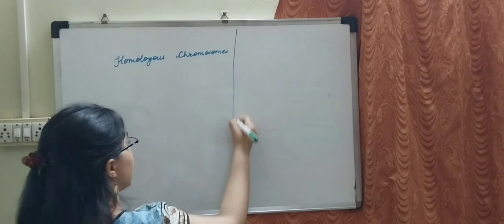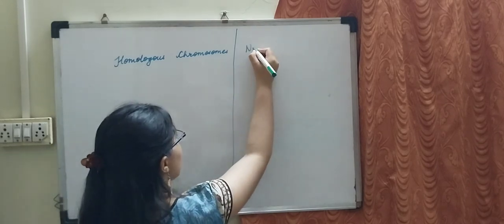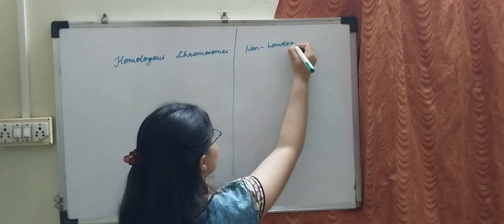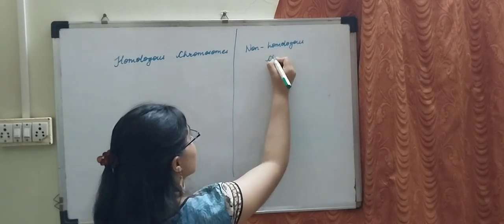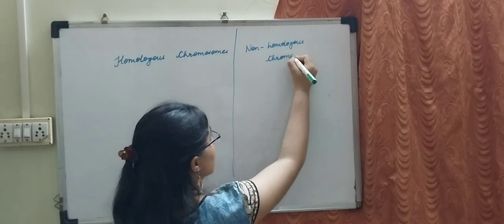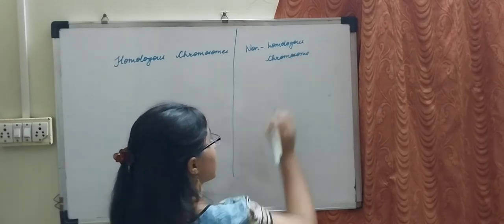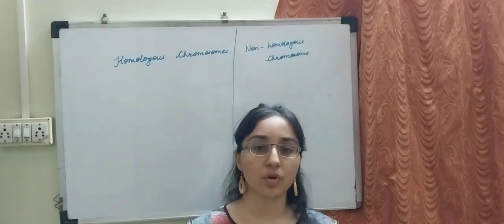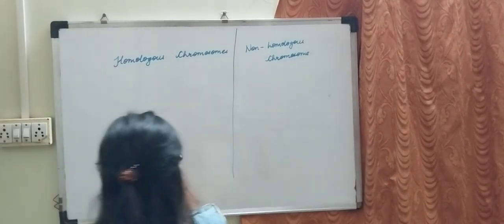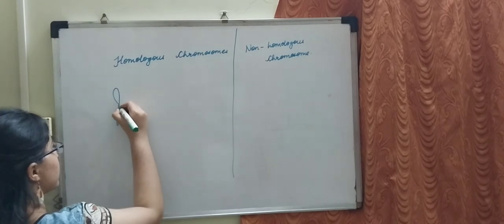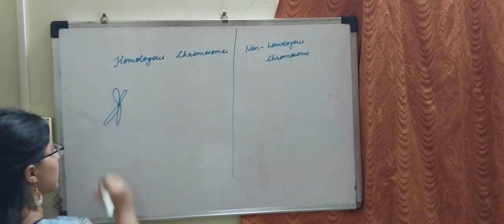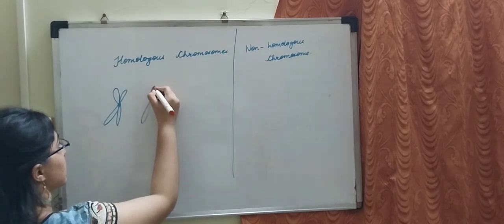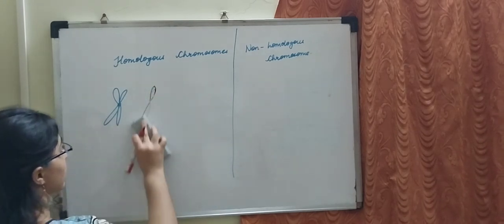And second I will take non-homologous chromosome. So this is one chromosome, and this is the second chromosome.